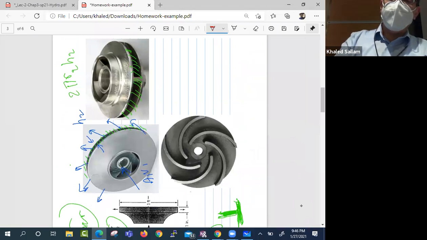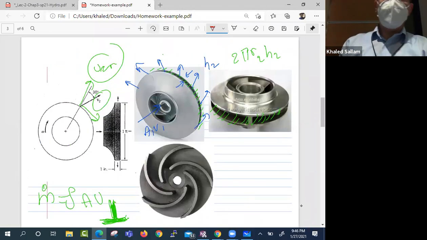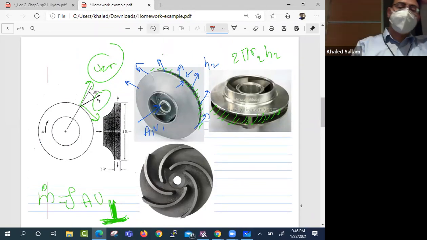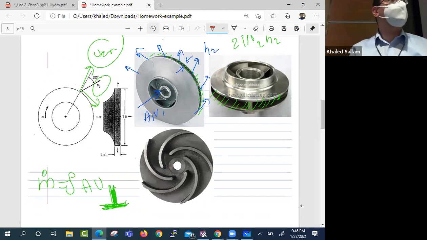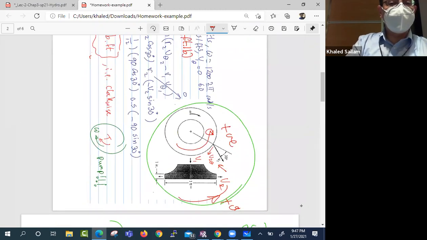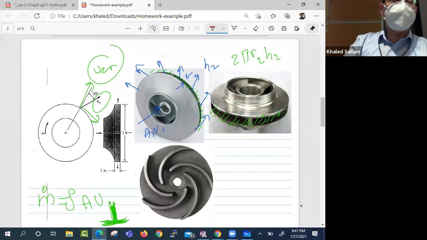Okay, and so I would like you, since this is submitted electronically, if you find a picture that will make things clear for you, add it. All right, so don't just finish with the solution. You can add things because those homeworks are going to be useful for the midterm.